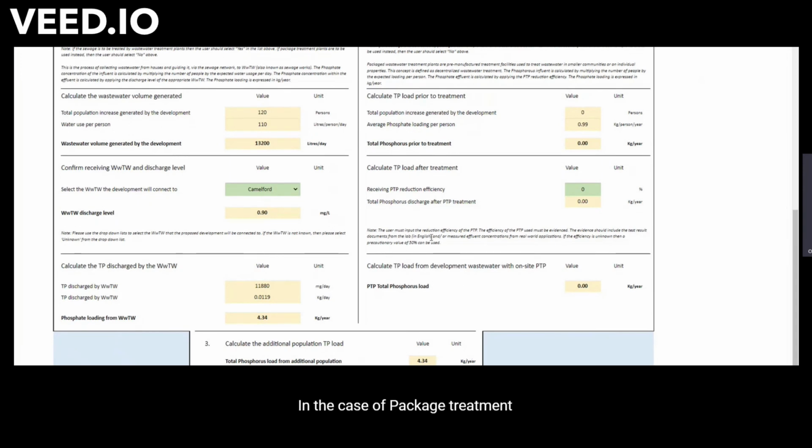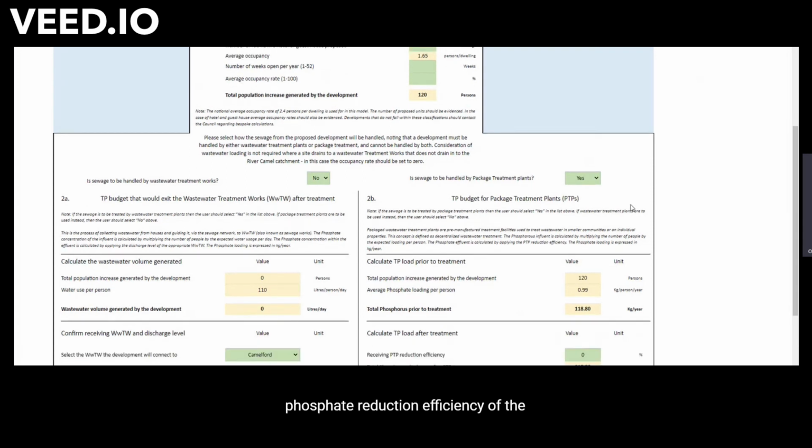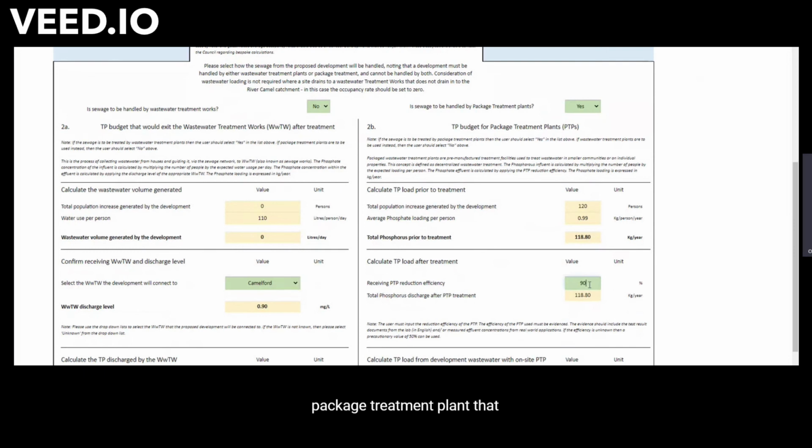In the case of packaged treatment plants, the user should answer Yes and ensure wastewater treatment works are set to No. The user should then input the phosphate reduction efficiency of the packaged treatment plant that is to be installed.